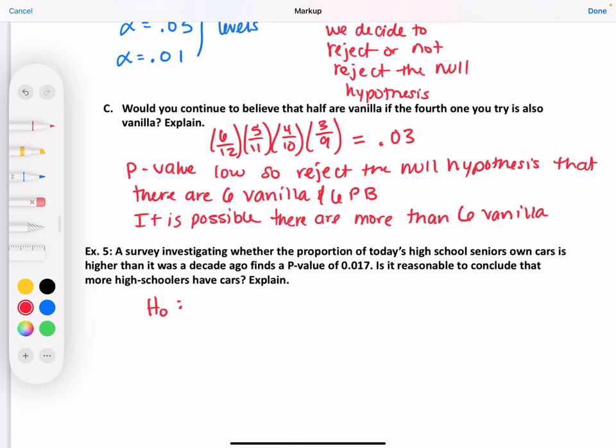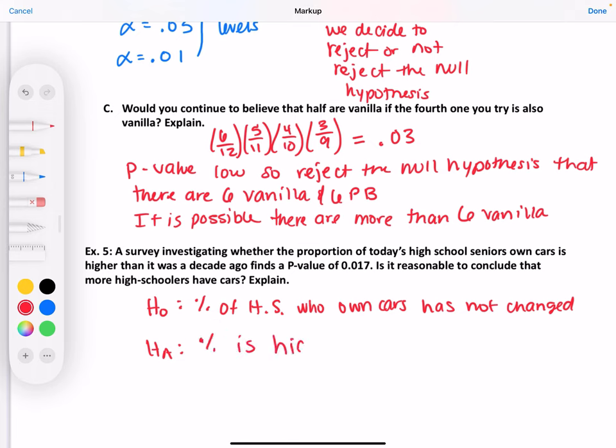So it would be that the percent of high schoolers who own cars has not changed. Then the alternate, that more high schoolers have cars, would be the percent is higher.